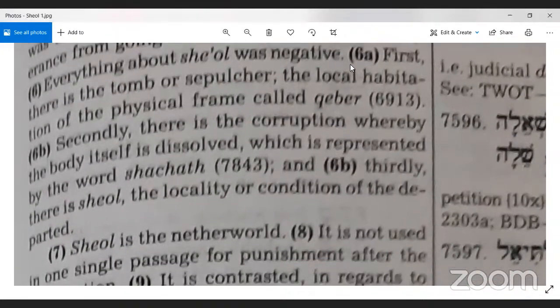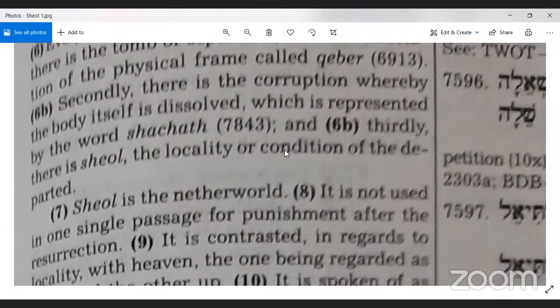6a. First, there's the tomb or sepulcher, the local habitation of the physical frame called Kuber. That's modern Hebrew, you don't have to worry about it. Okay. Is that the Strong's number 6913? Okay. 6b.